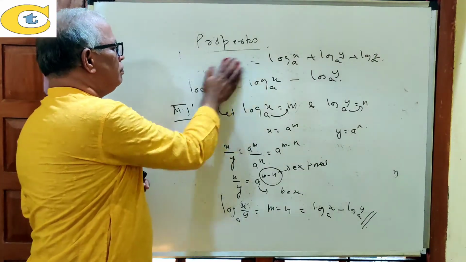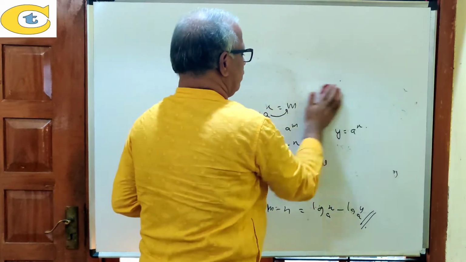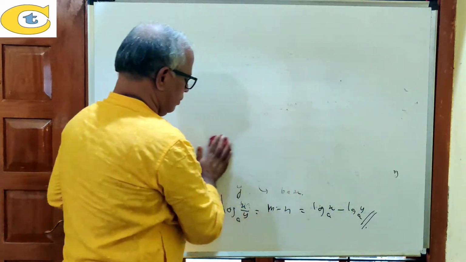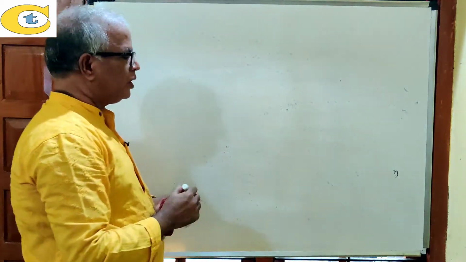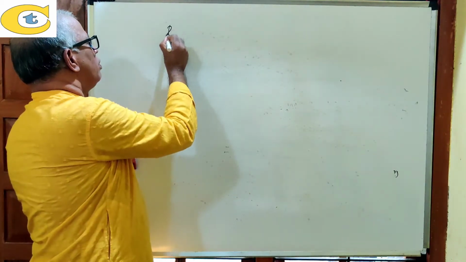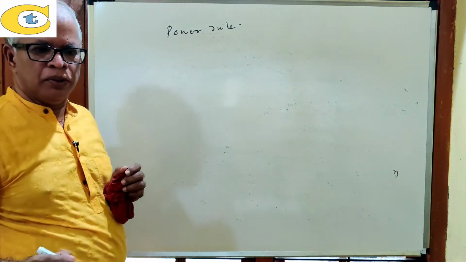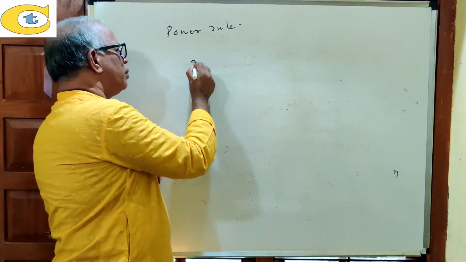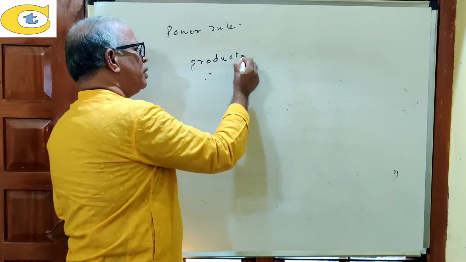I hope you got this logarithm. Next one is power rule. What we have seen now, no? Product becomes sum.